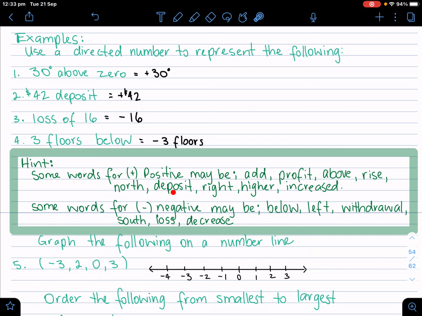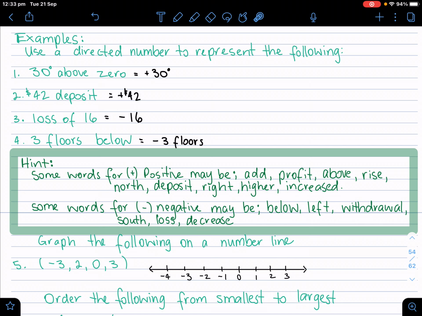Deposit, I deposited $15 into the account. Right, so if your number line is right and left, we'll move 5 hops right, plus 5. Higher, so the money went higher. Increased, the temperature increased by 16 degrees.